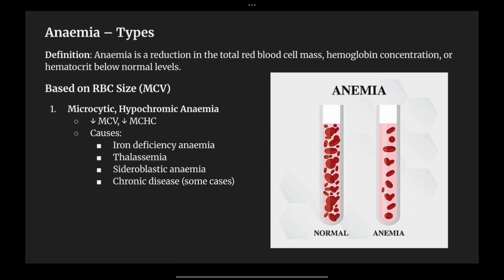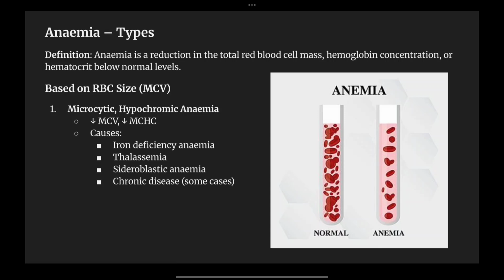Now microcytic or hypochromic anemia, coming back here, we have decreased levels of mean corpuscular volume as well as mean corpuscular hemoglobin concentration. The normal hemoglobin concentration is 32 to 36 gram per deciliter, but less than 32 is said to be hypochromic anemia. Now what are the causes?